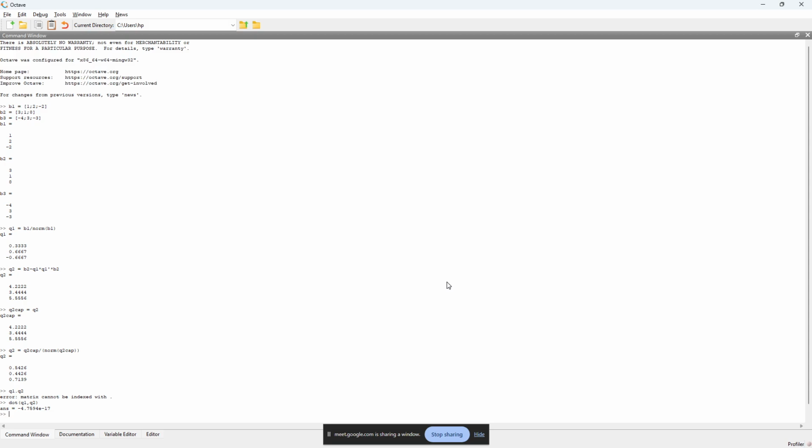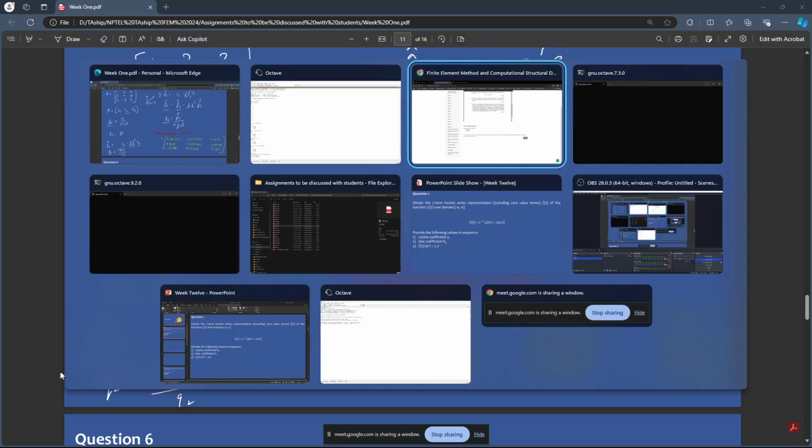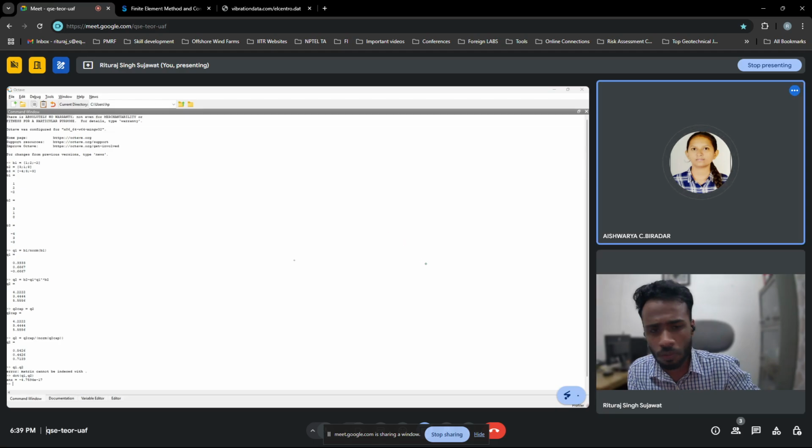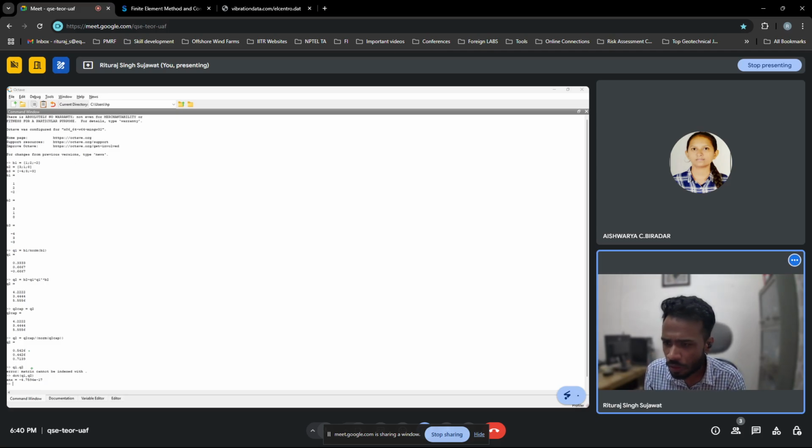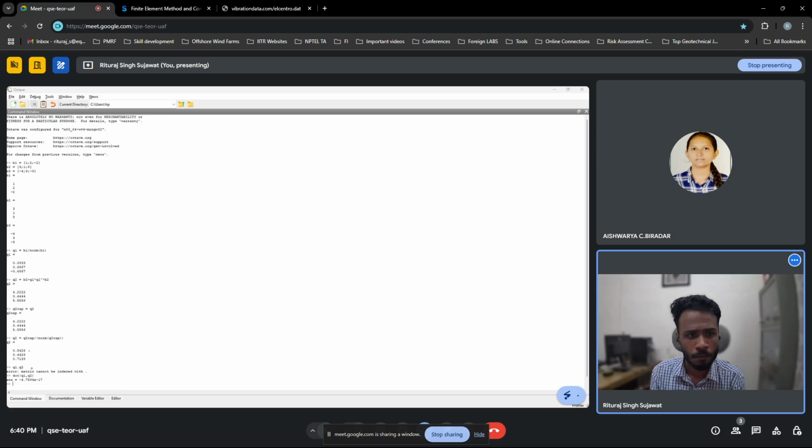Yeah, it's giving 0, so both are orthogonal to each other. Can you check with your calculations? I'm not getting it as 0. I'll check. You can see my code, right? Yes. Probably the problem might be how you have evaluated Q2 in your case, whatever variable you have considered. You can check that.